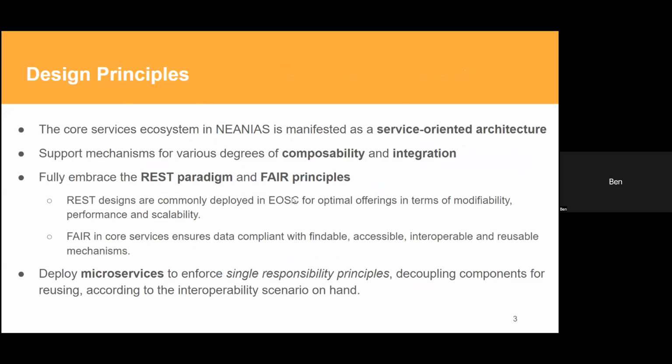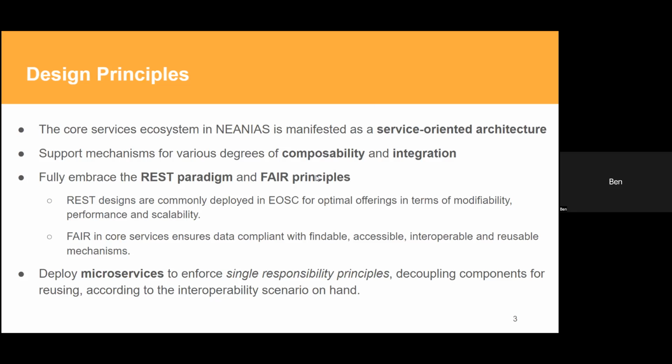The Visualization Gateway was designed with many of the same principles as most NEANIAS work packages. The core services are all service oriented, and this helps with integration for various degrees of composability.